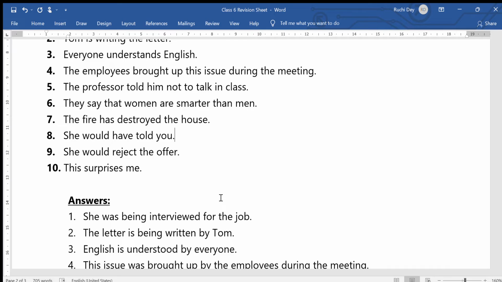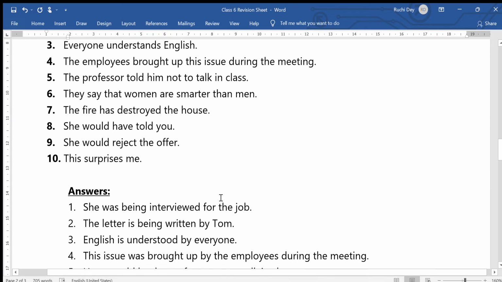Very simple. See, the object is made into the subject and the subject is moved to the back and made into the object. The fourth one, the employees brought up this issue during the meeting. This issue was brought up by the employees during the meeting.